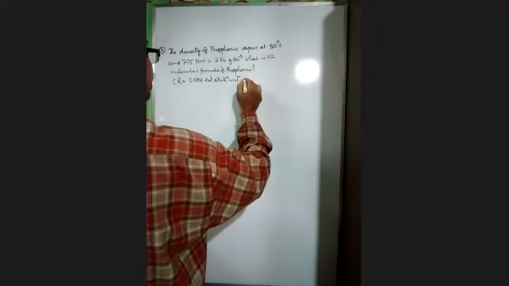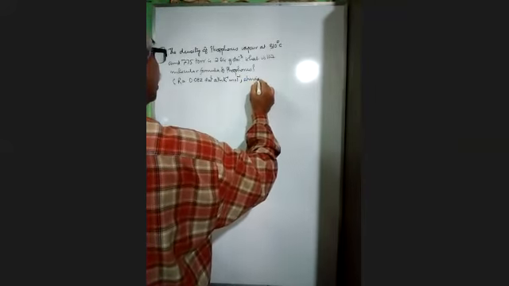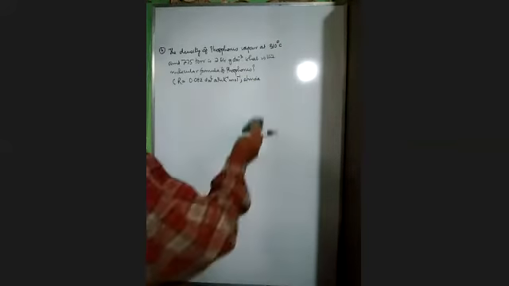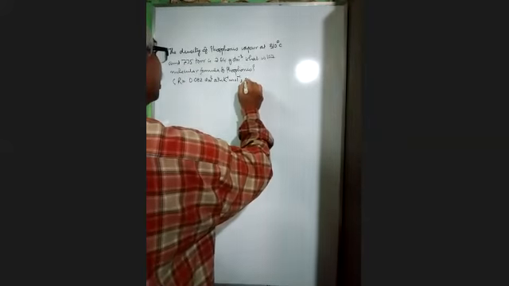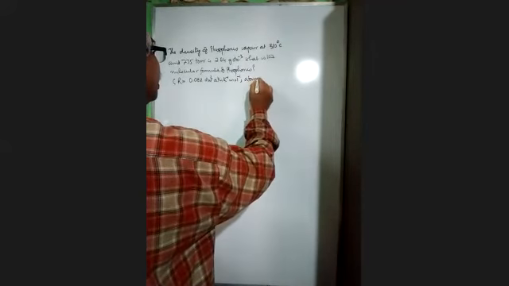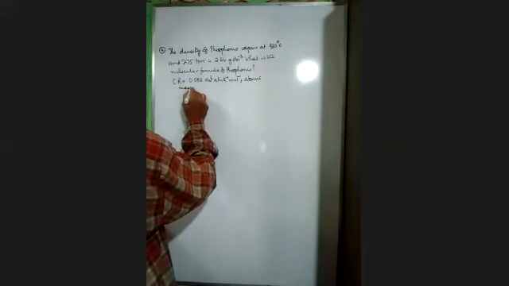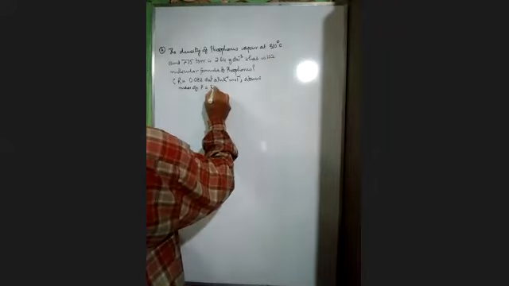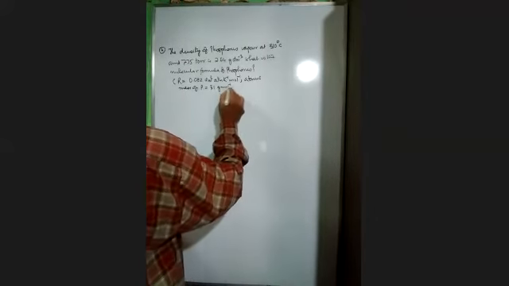Second, atomic mass of phosphorus is 31 gram mole inverse.